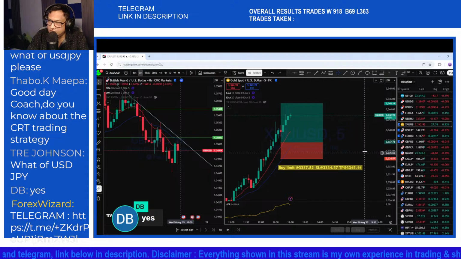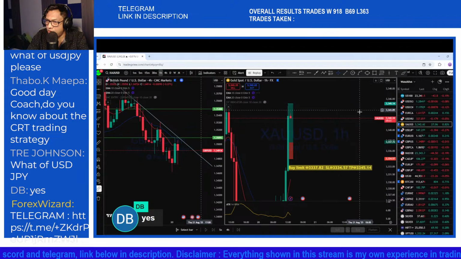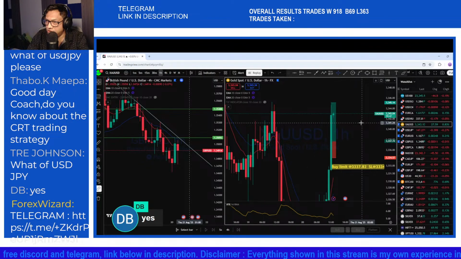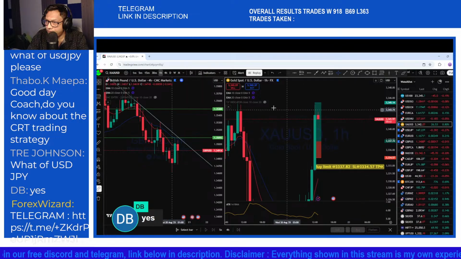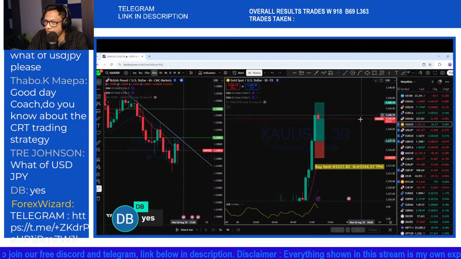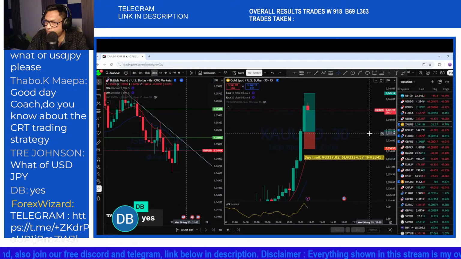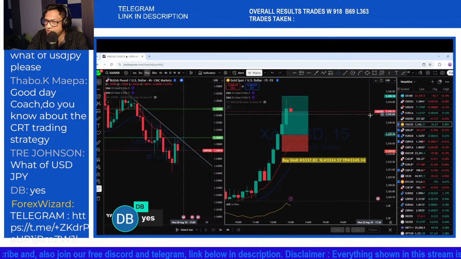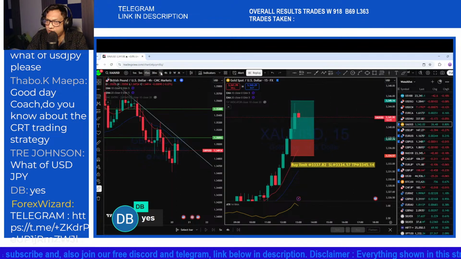We might see that potential break of structure. We see that the 1 hour candle closed, which still leaves the possibility of looking at the 30 minutes. Okay, we might see a new market structure looking at here.